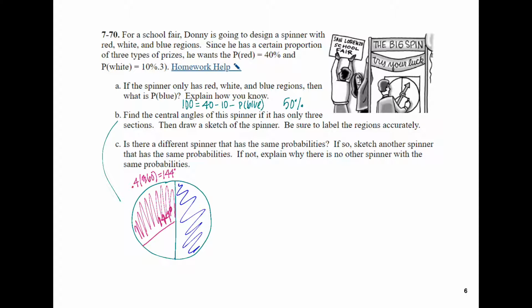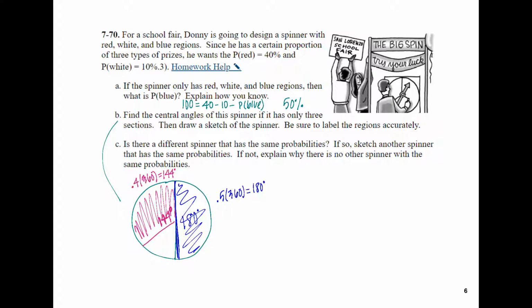Looking at our blue area, we know that blue represents 50% of our circle. So if we take 360 and we multiply that by 0.5, we get 180 degrees. And you notice that it is a semicircle, which also forms a straight line. So it makes sense to be 180.